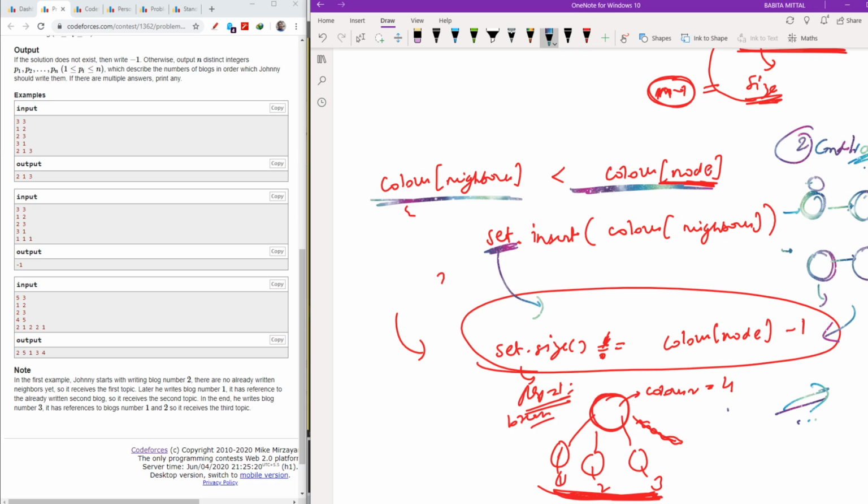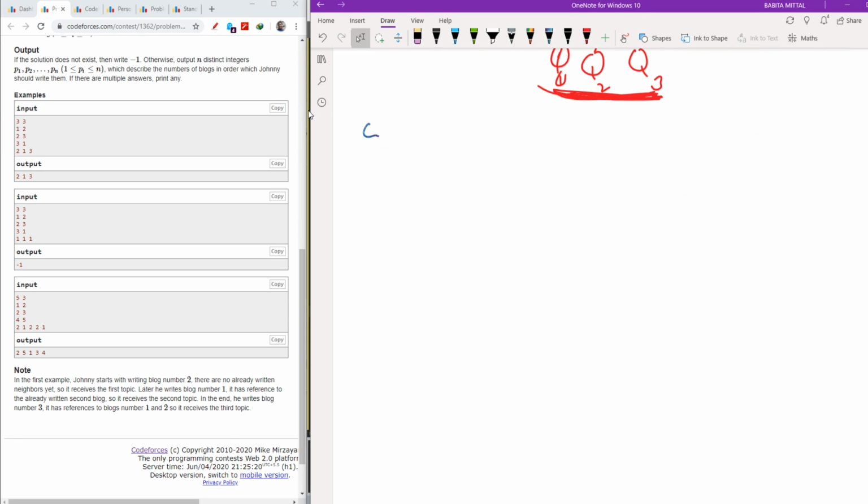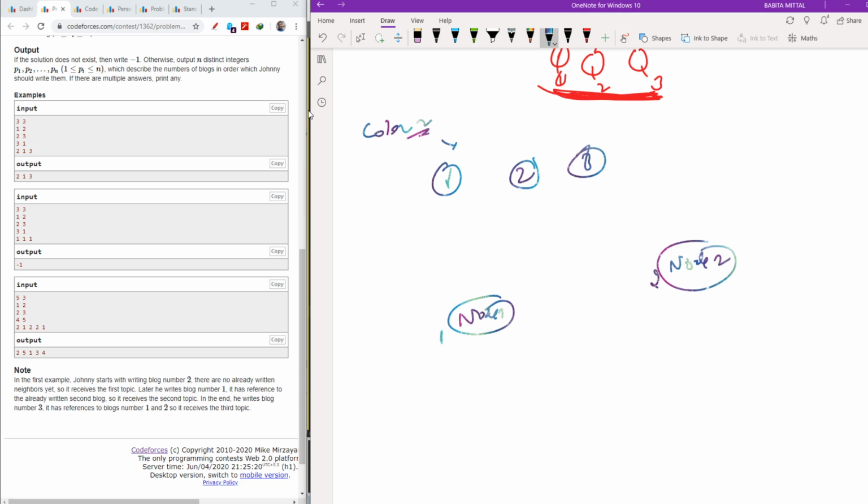So I hope that you guys got the intuition. First of all, you will check for the node which has the reference color as 1, then you will check for 2, then you will check for 3. Suppose node 1 has the color 1, and node 2 has the color 2.